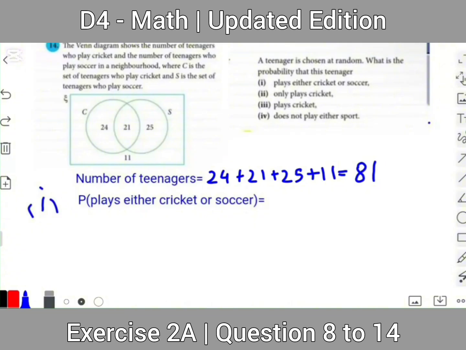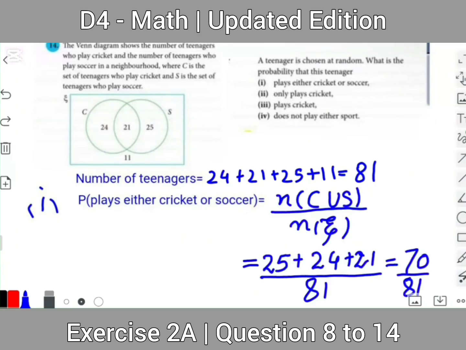Now for part 1, we have to find the probability that the teenager plays either cricket or soccer. For this, we take the number of elements in C union S. The C union S means the teenagers who play cricket or who play soccer or who play both these sports.